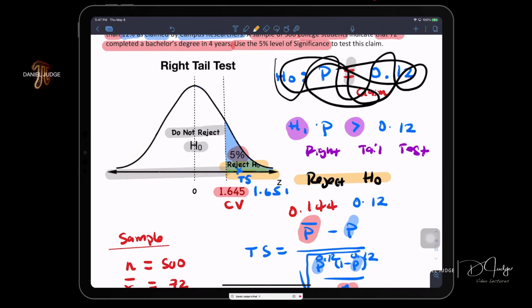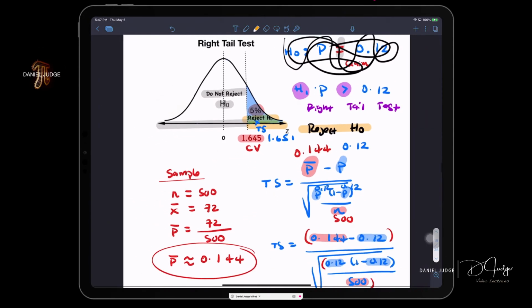Okay? Now, you only have one of two conclusions. Either the sample supports the claim or the sample does not support the claim. This is your two conclusions. So go back and notice this. When you rejected the null, you rejected the claim.